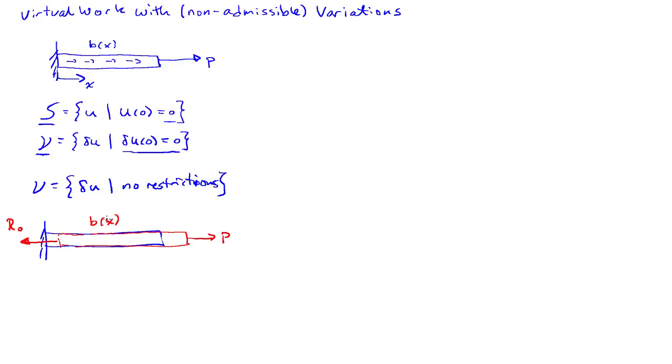So if I go to write down the expression of external virtual work equals internal virtual work, in my external virtual work expression, I'm going to need to account for this support reaction. So let's go ahead. We have three contributions now to the external virtual work.